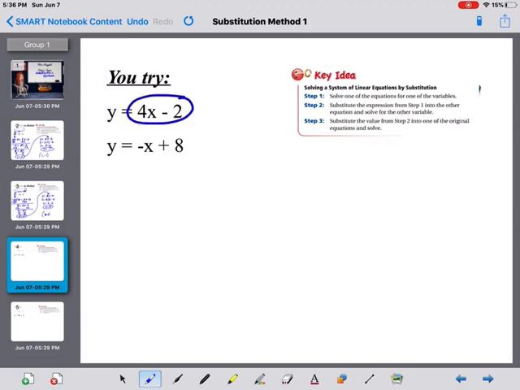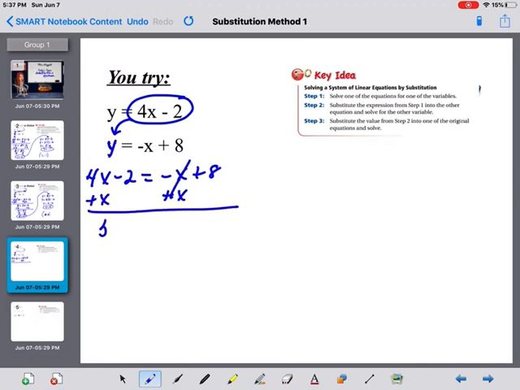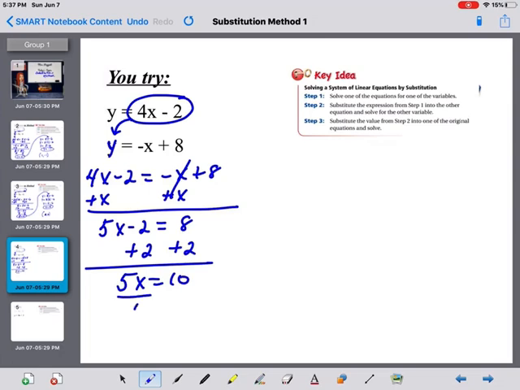Okay, so in this problem, I'm going to take my 4x minus 2 and substitute it in for y in my second equation. So I'm going to have 4x minus 2 equals negative x plus 8. I'm going to solve for x by first adding x to both sides. So I have 5x minus 2 is equal to 8. I'm going to then add 2 on both sides. So I have 5x is equal to 10.